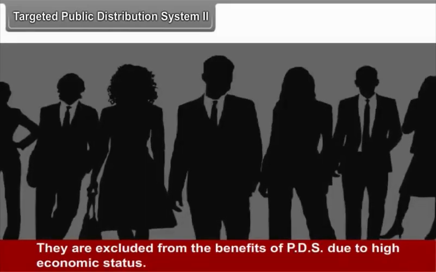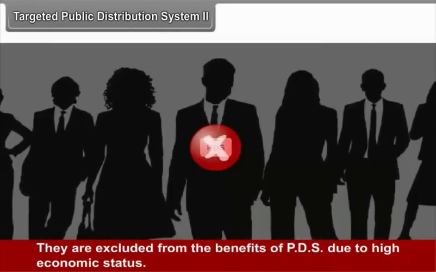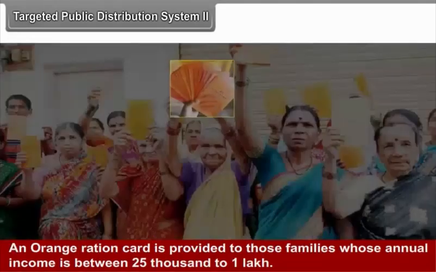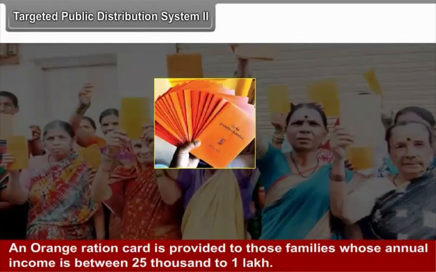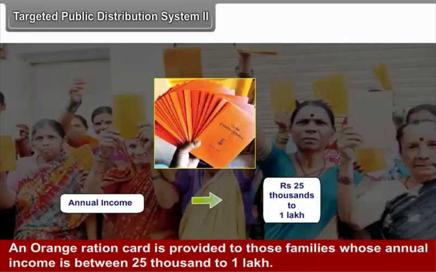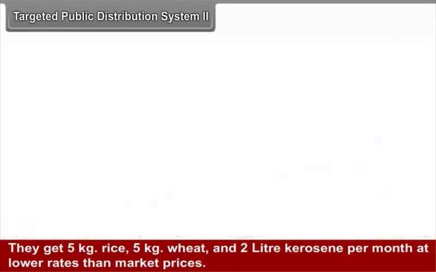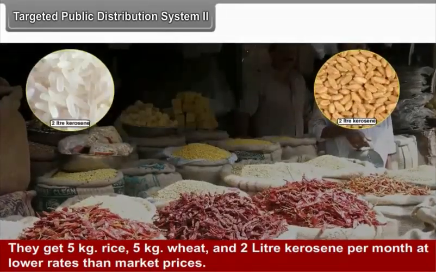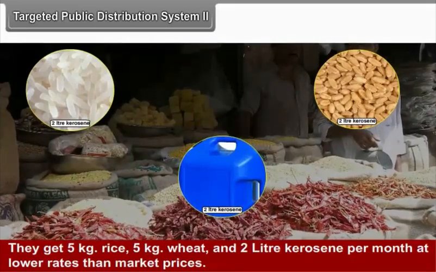They are excluded from the benefits of public distribution system due to high economic status. An orange ration card is provided to those families whose annual income is between 25,000 to 1 lakh. They get 5 kg rice, 5 kg wheat and 2 liter kerosene per month at lower rates than the market price.